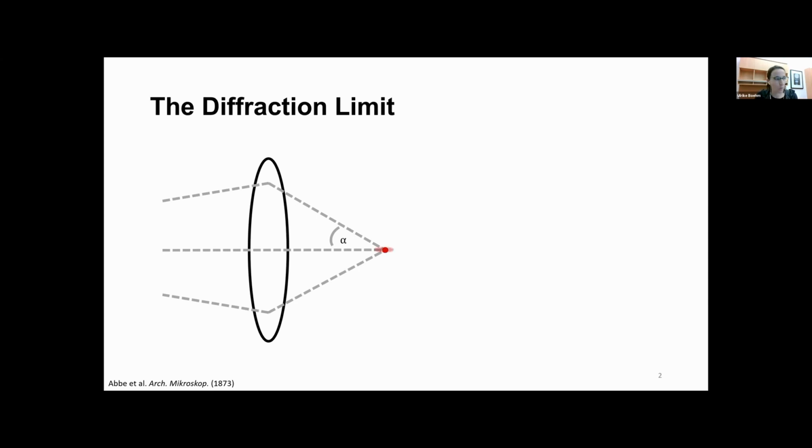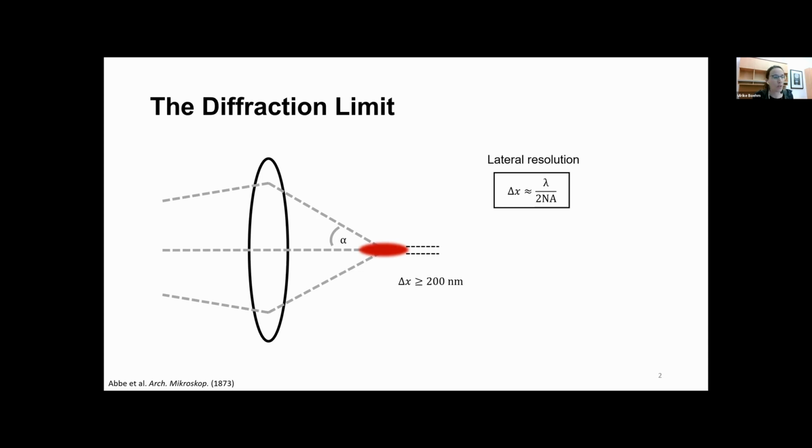Instead, when we try to focus light, we end up with something which looks like a blurred spot. That's due to the fact that light, due to its wave properties, will diffract in the center of the focus, and therefore we will not be able to reach an unlimited small spot.